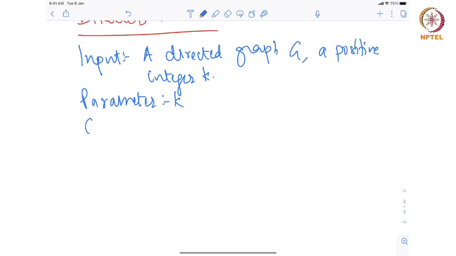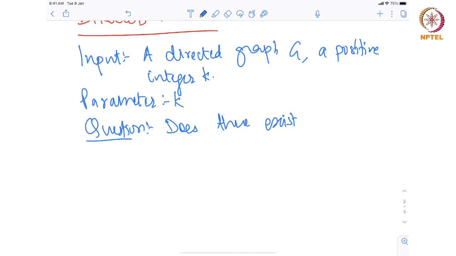And the question we will try to address is: does there exist a k path, or rather a path on k vertices?